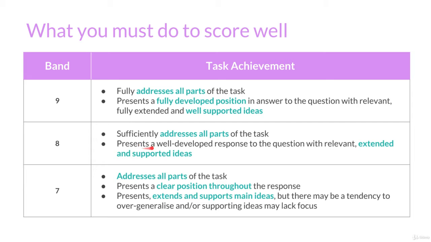Next, you must present a well-developed response to the question with relevant, extended, and supported ideas. Basically, you need to develop a full response to the question, and you need to use relevant information. You also need to extend upon your answer by providing supporting ideas.